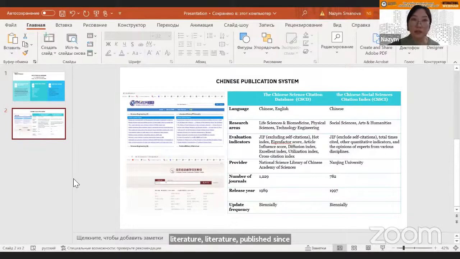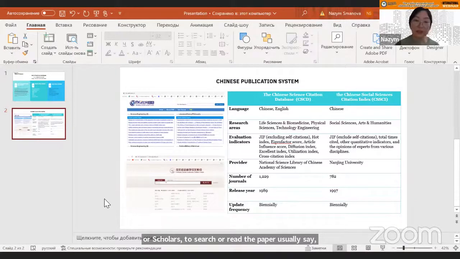It also includes more than 2,000 core journals, and if a Chinese researcher or scholar wants to search or read a paper, usually they go to this CNKI database.